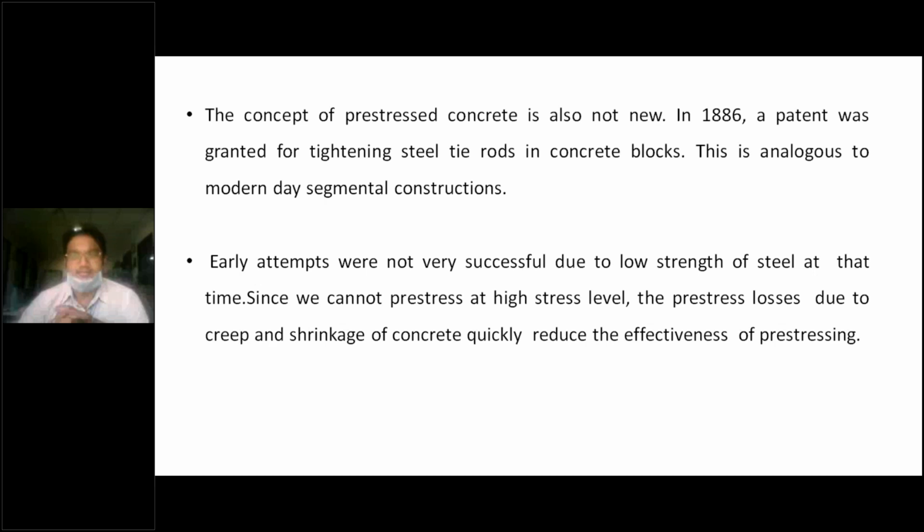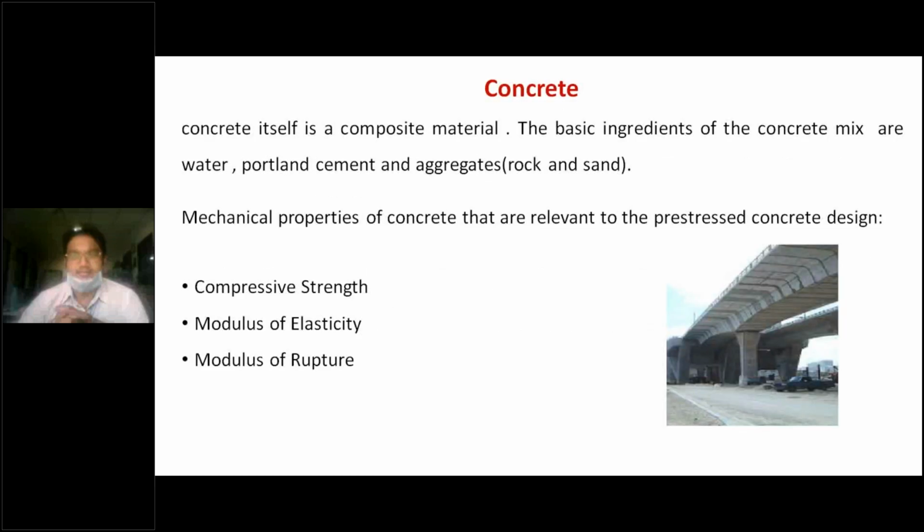So you can't stress the strands as required. You can go as per the requirement, considering the pre-stressing losses in terms of concrete and steel as well. Okay, so this is the history of pre-stressing technology in the olden applications, right?